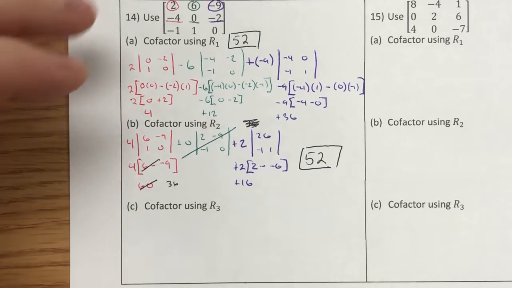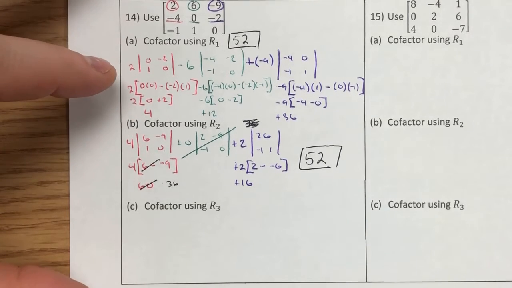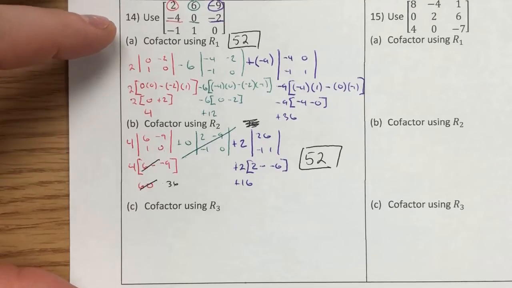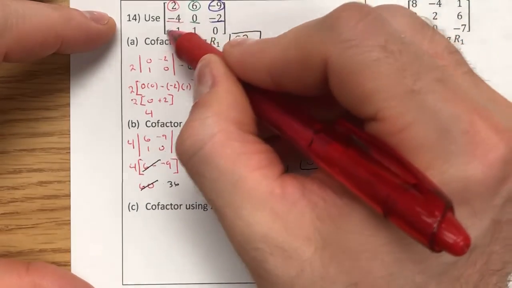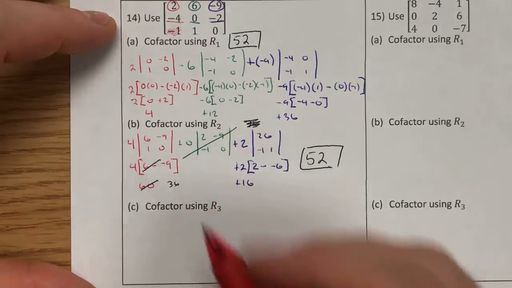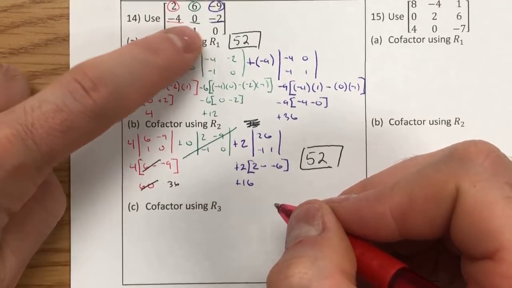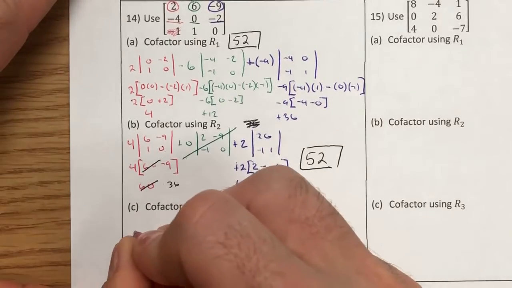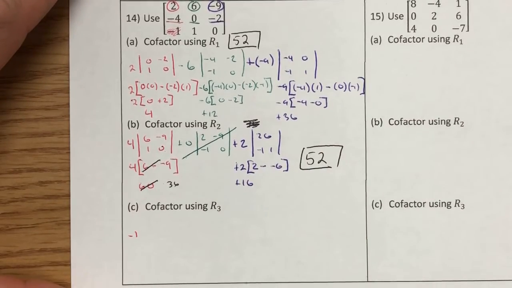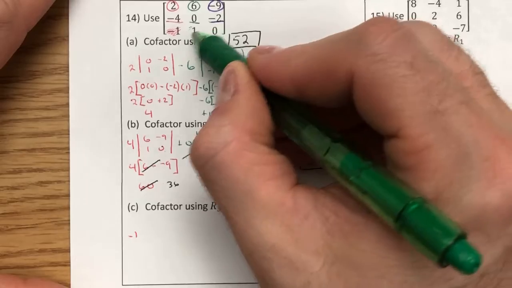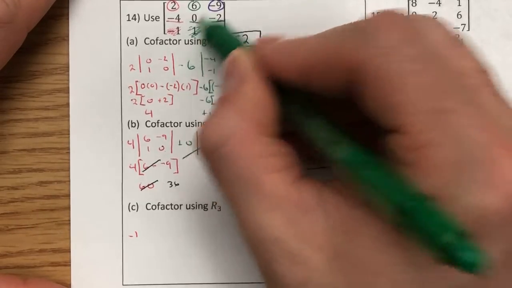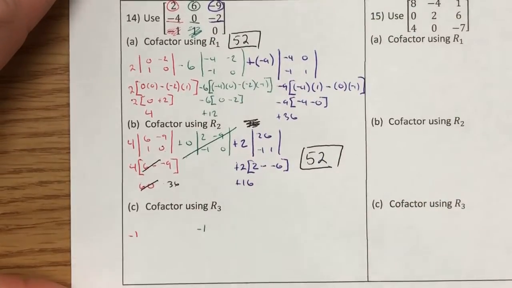Okay, now that you've had a shot, let's try this. So we're going to use the bottom, the negative 1. And because we're on the third row, I'm going to keep, change, keep. So I keep the negative 1. I change the 1, so this is going to be a negative 1.